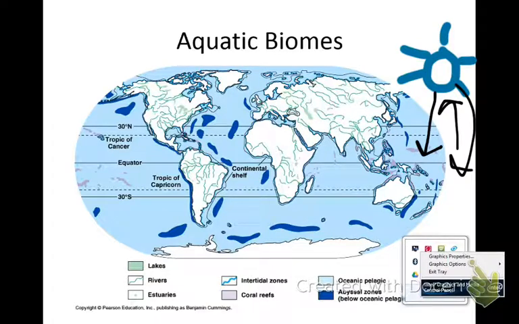When the sun beams down on bodies of water, it causes evaporation, and evaporation causes precipitation, which is rain. Do me a favor, write that in. Precipitation is rain. Even if you know it, write it anyway. Precipitation is rain.